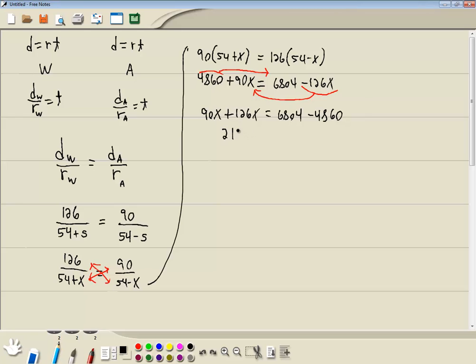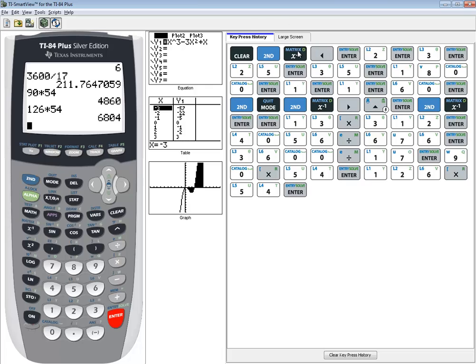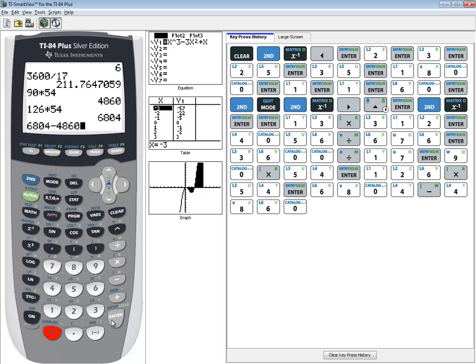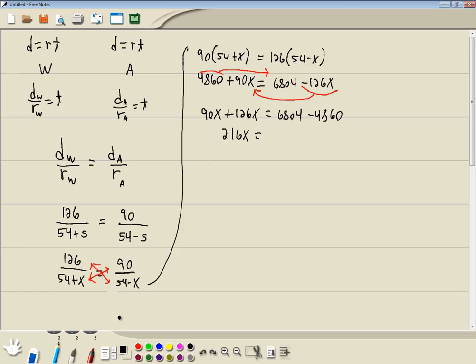And what is that, 216x equals 6804 minus 4860. And that gives us 1944.